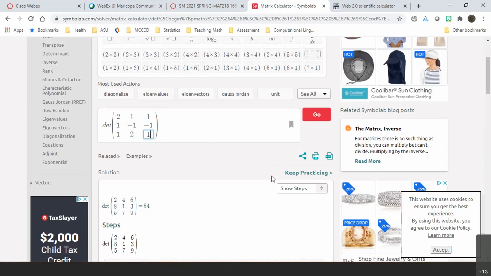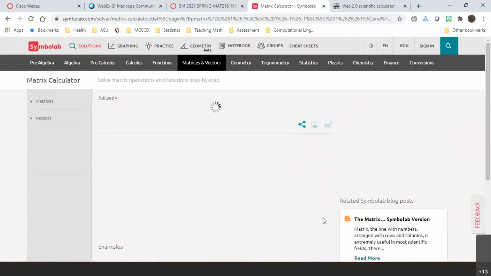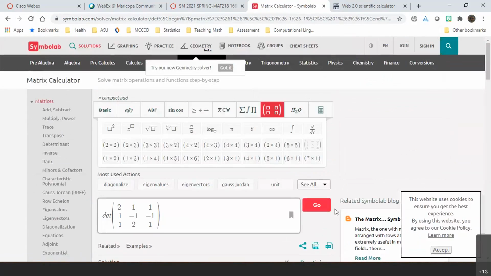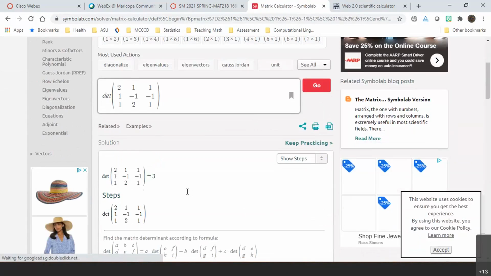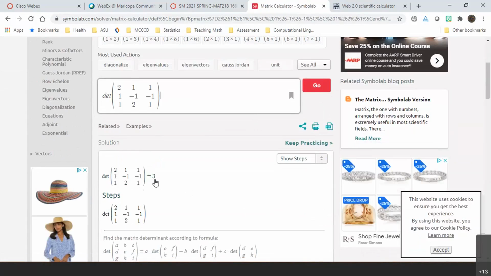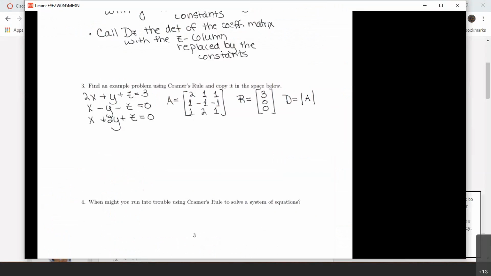So there's my coefficient matrix that I copied out of my system of equations. And now I just want the determinant of it. This will be my D value. And I get 3 for the determinant. See it right here? Again, I'm looking just for the number. So I'm going to go back to my notes and write determinant of A is 3.